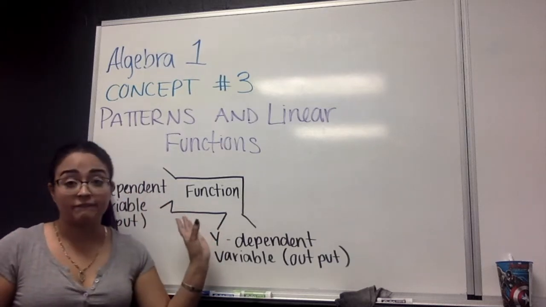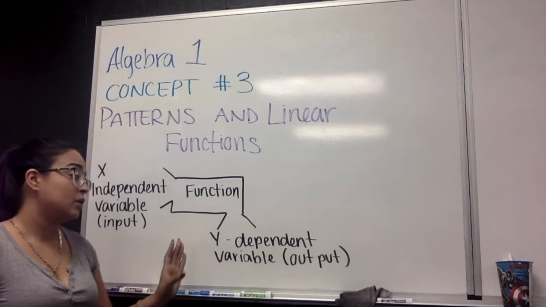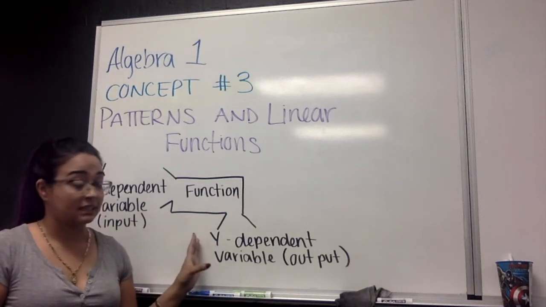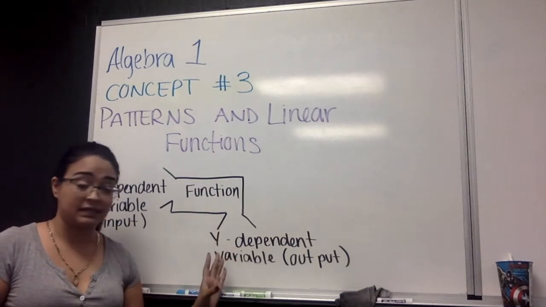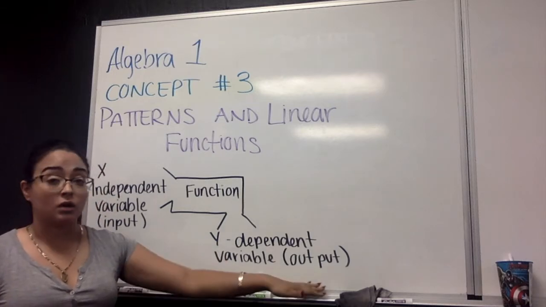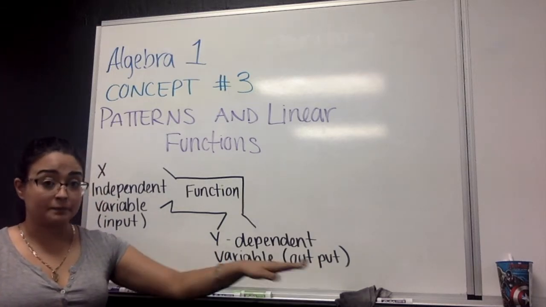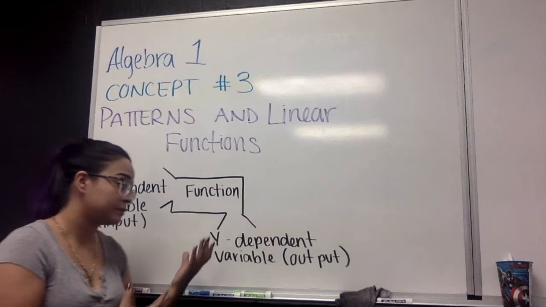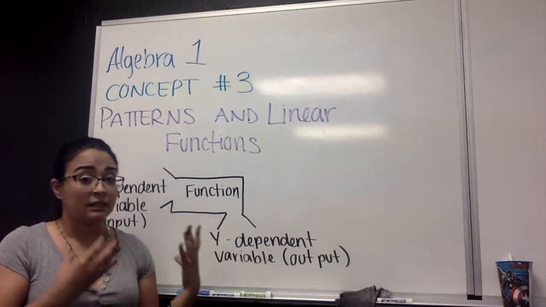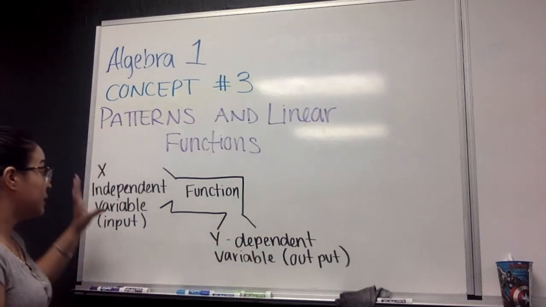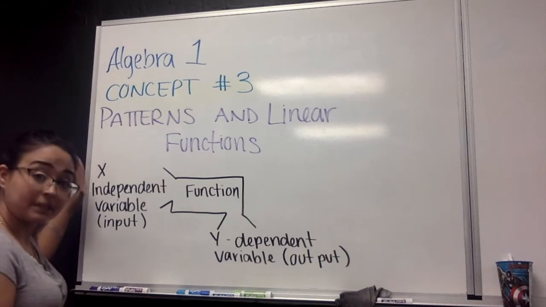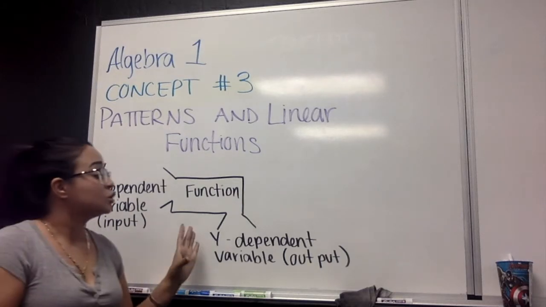It goes into a function. Now, our y, which in this case is going to be our dependent variable, also known as our output, means that our y depends on our x, which is our independent variable.